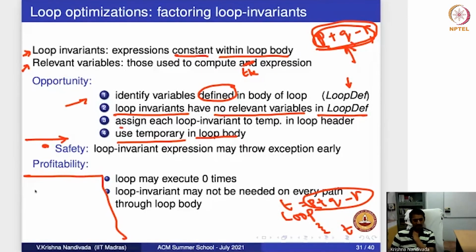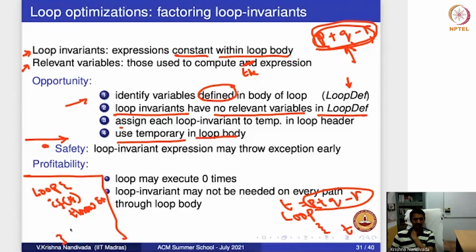Let us say I have the following code. Loop. Then I'm writing if condition, throw some exception, details I'm skipping.